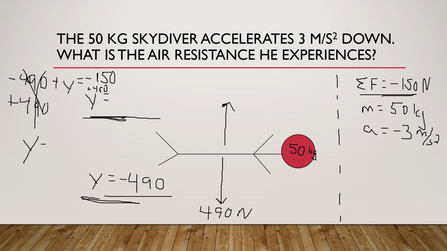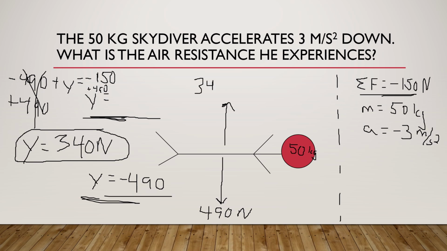I have y equals the air resistance. It's a positive. Mathematically, it's positive, so it needs to be an up arrow. We already knew that, though.